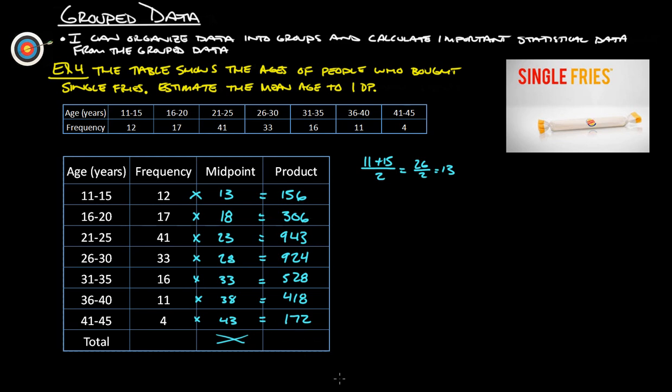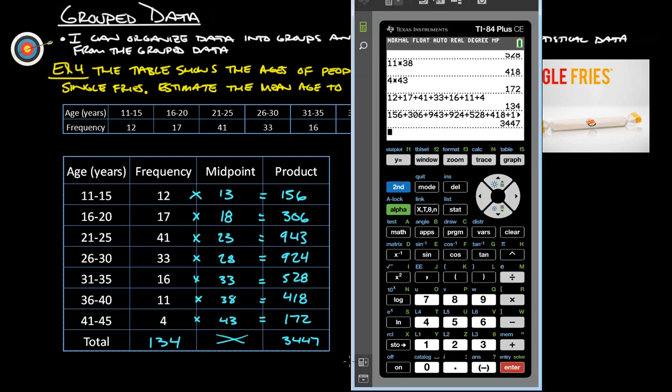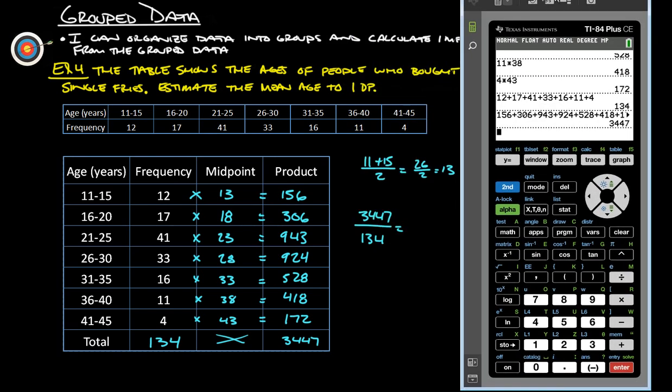So let's calculate that. There are 134 total people surveyed, who bought single fries, and this is the sum of all of their ages. To find the mean age to one decimal place, we simply take 3447 and divide it by 134, and that should give us our mean age.